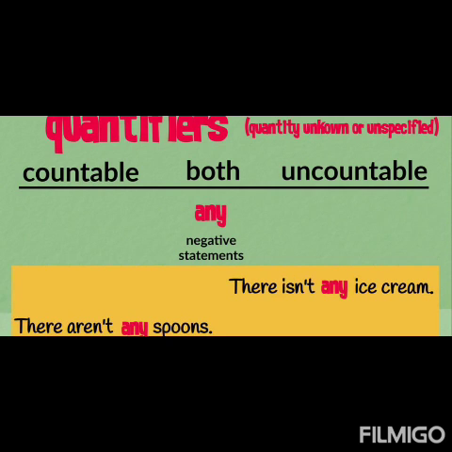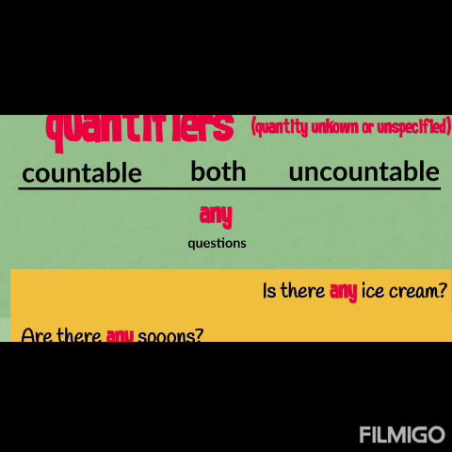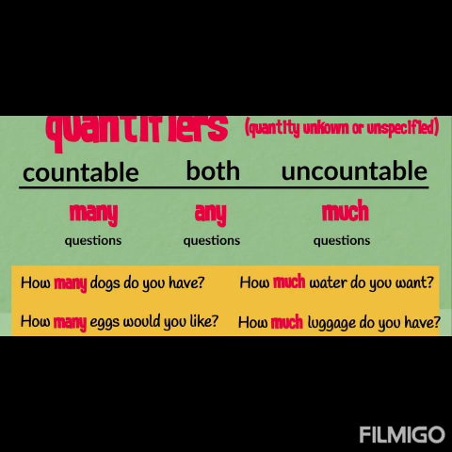But in sentences where we have to show negative comments, there we use any. There isn't any ice cream. There aren't any spoons. We also use any to make a question. Is there any ice cream? Are there any spoons?